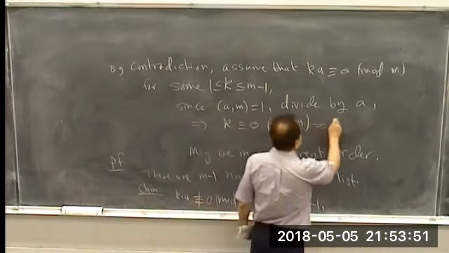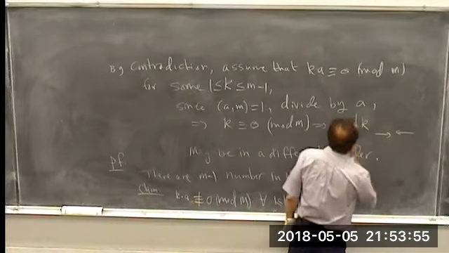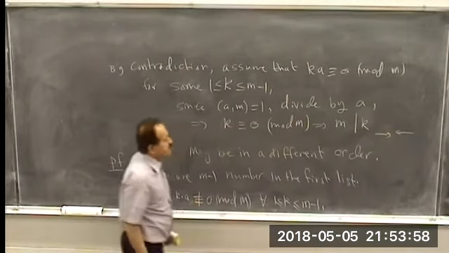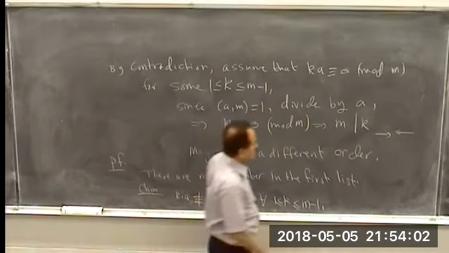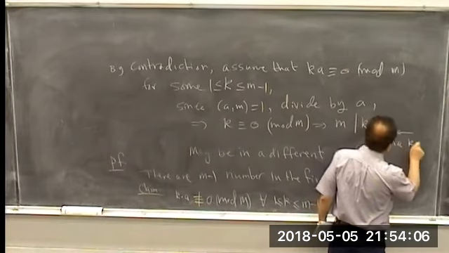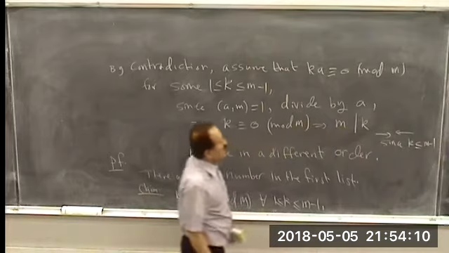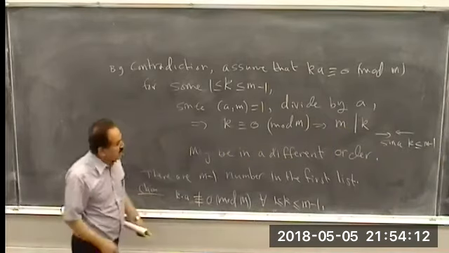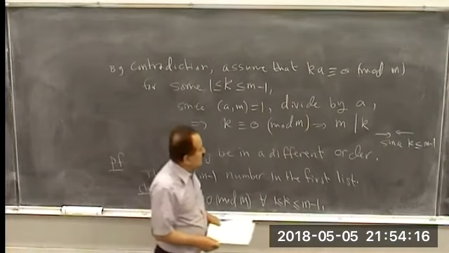This implies that m divides k, but this is a contradiction because k is less than or equal to m minus 1, so it cannot be a multiple of m. Alright, so none of these is congruent to 0 mod m.